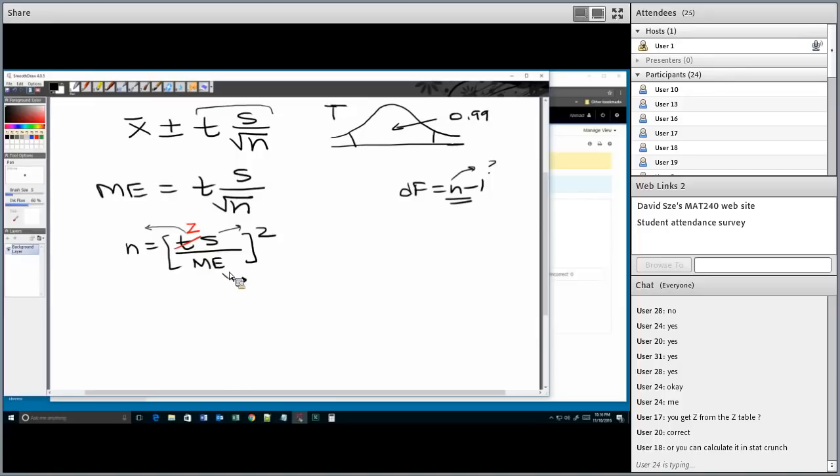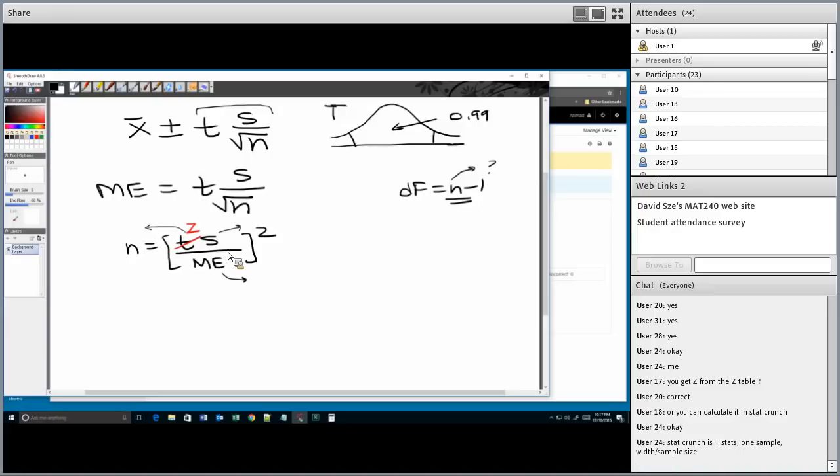And then you also need to decide what your margin of error should be. What margin of error are you happy to live with? If your margin of error is lower, then you're going to need a larger sample. If the margin of error is higher, you need a smaller sample. And then similarly, the proportion is the same way.